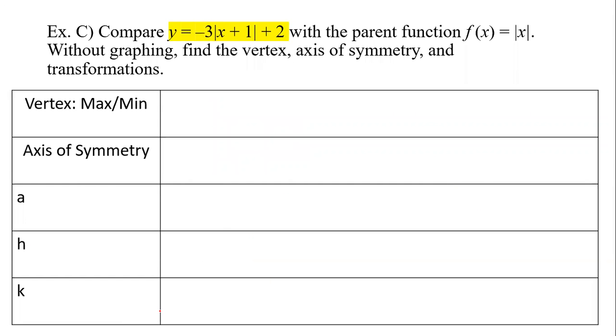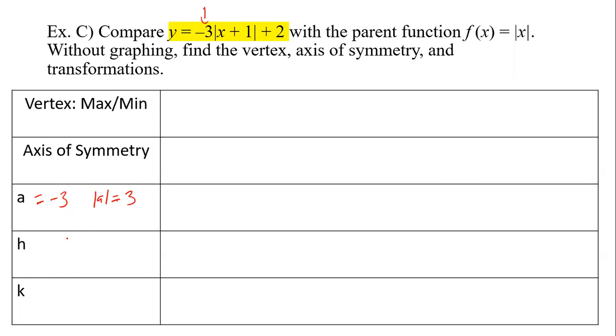So here we have another one. And this time we have a whole lot of things happening. So our A equals -3. But we're going to look at the absolute value of our A, which equals 3. So the negative does its own thing.